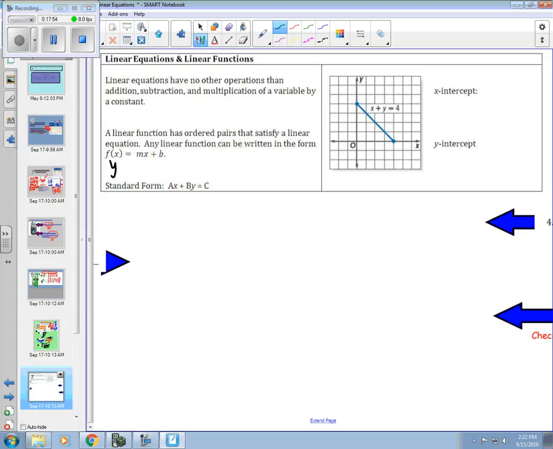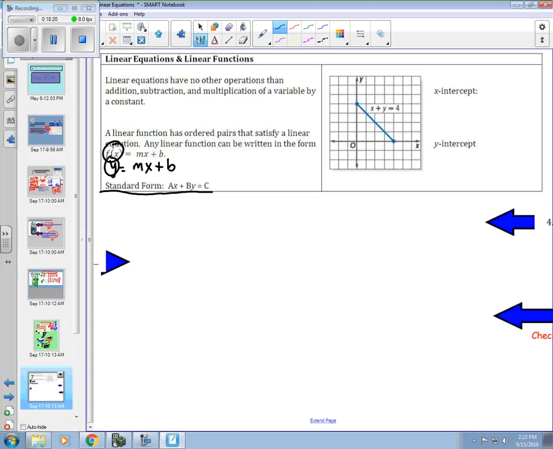You probably saw this in Algebra 1 and geometry as y equals mx plus b. Same thing, just remember f of x is the same as y. Another way you can write a linear function is in standard form, which would be ax plus by plus c, where a, b, and c are constants. Constants are just like numbers.